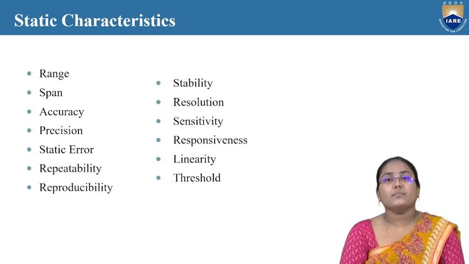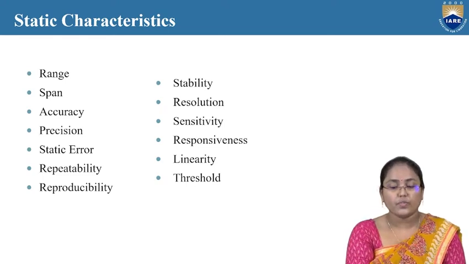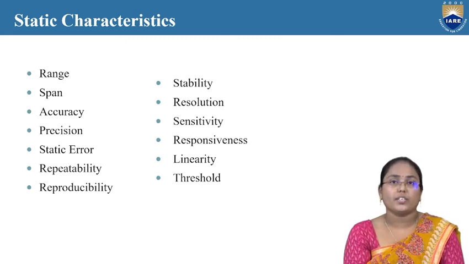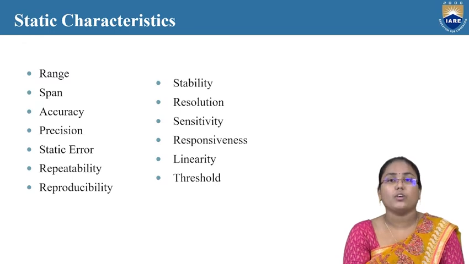So these are some of the static characteristics which we'll be discussing. These are the different static characteristics which can check the quality of a particular instrument: the range, the span, accuracy, precision, static error, whether it is repeatable or not, reproducibility, whether it is stable or not, resolution, sensitivity, responsiveness, linearity, and threshold.